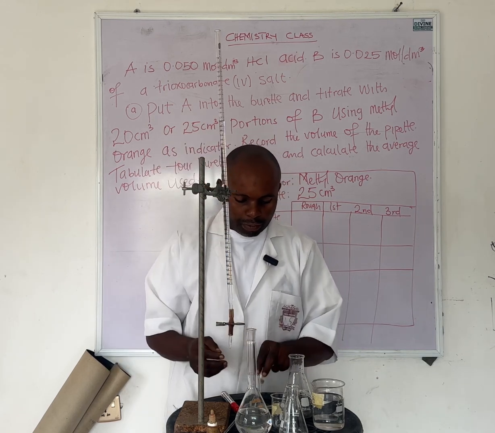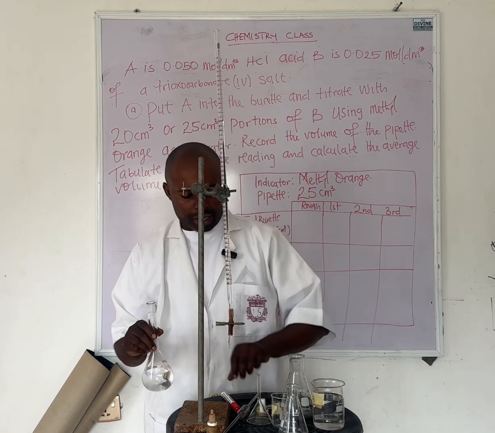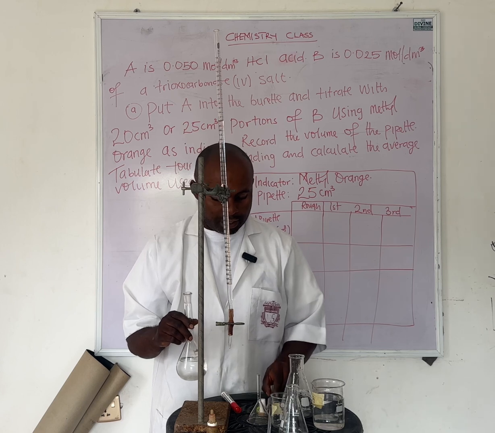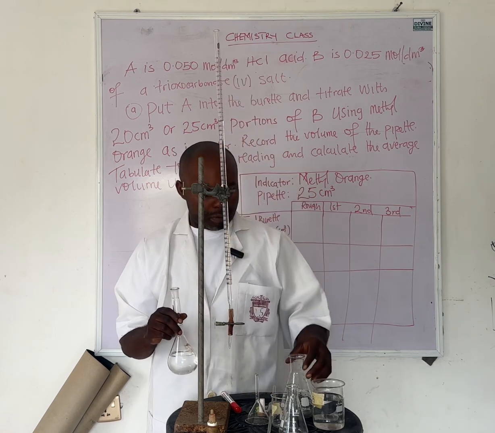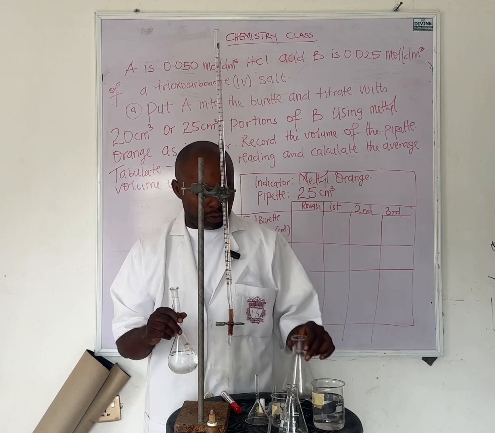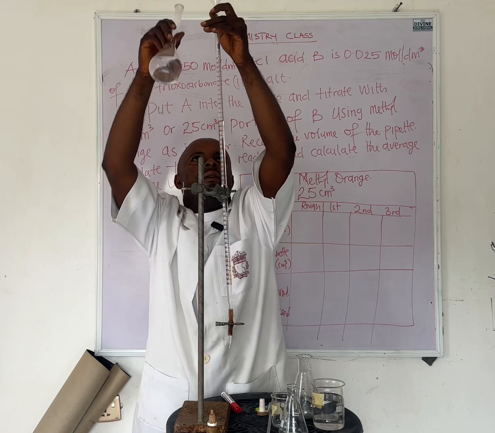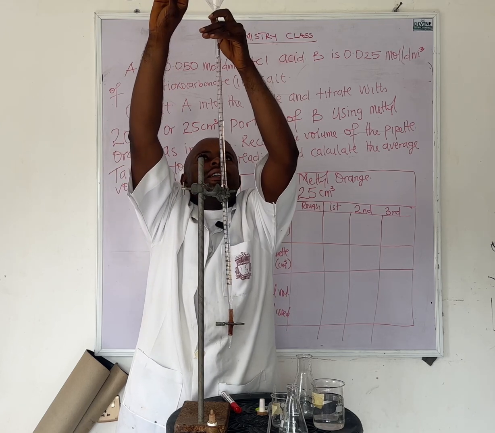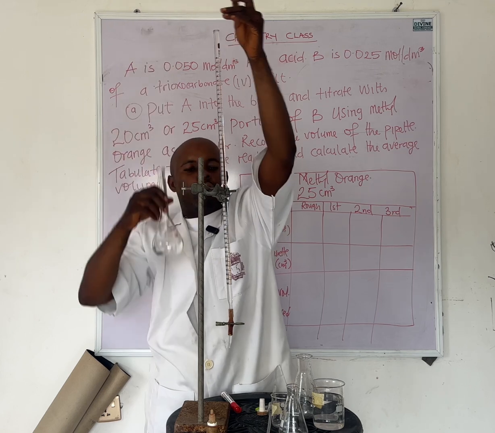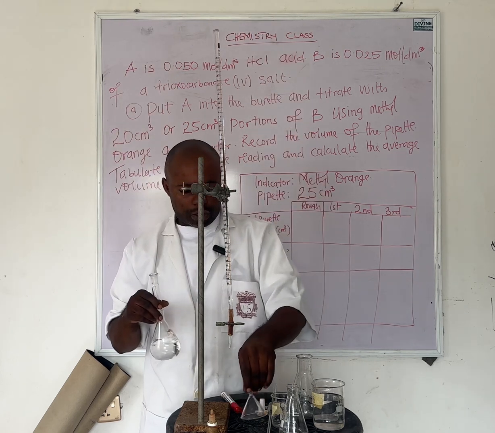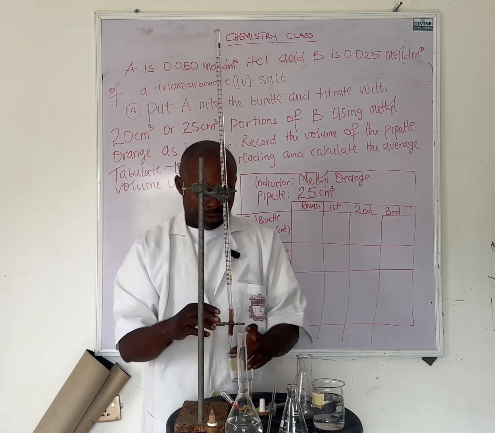Now we're going to pour the acid into the burette, and as you are adding it, please don't put the conical flask under, so that you will not have a wrong answer. Fill the burette with the acid. Here you must adjust to the 0 point.